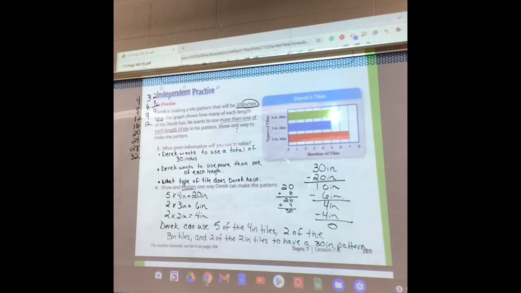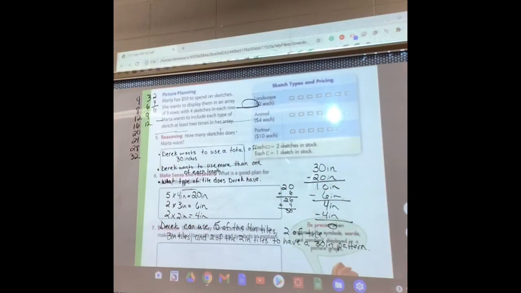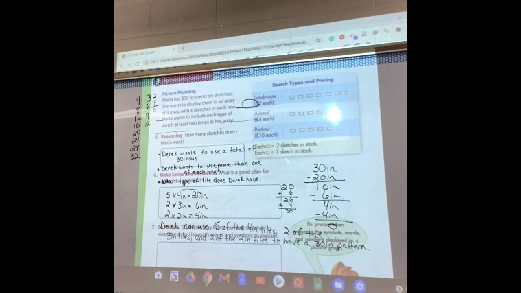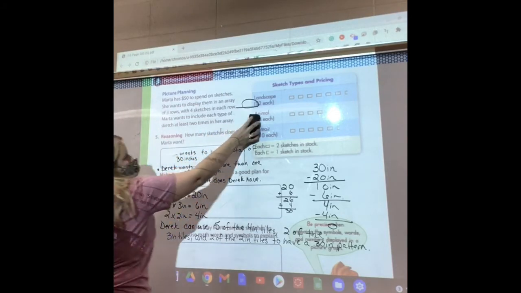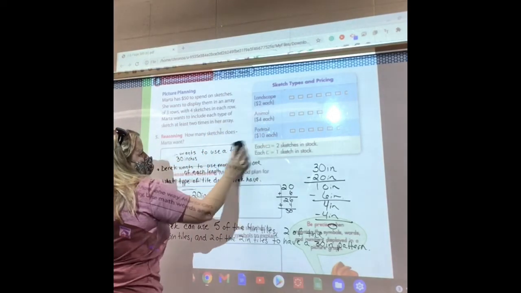Okay, let's go ahead and flip on over to the back. And we're looking at sketch types and pricing. Go ahead and erase all this. Let's look at this picture graph over here while I'm erasing.